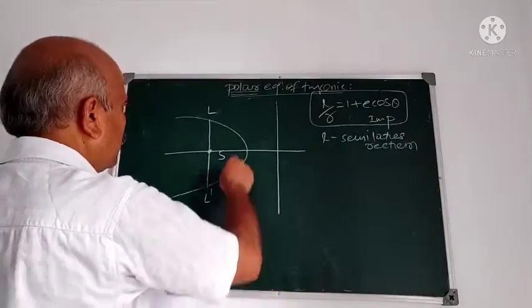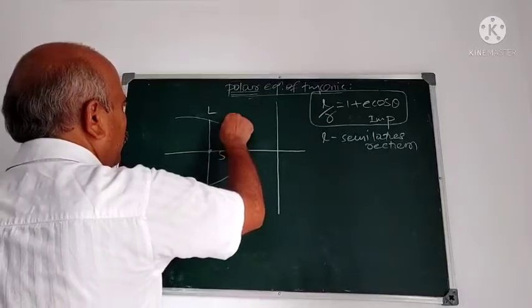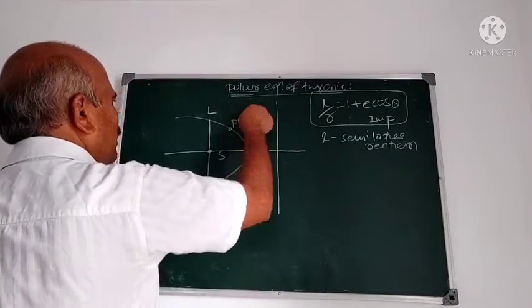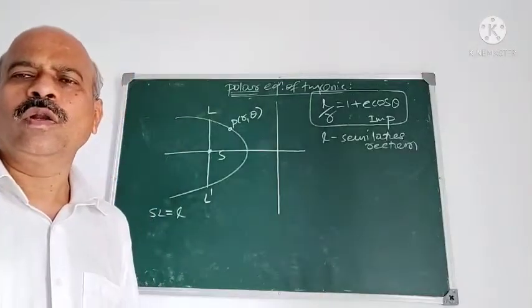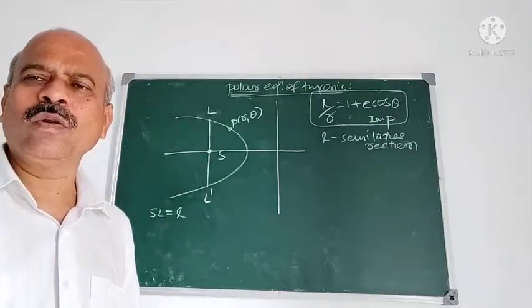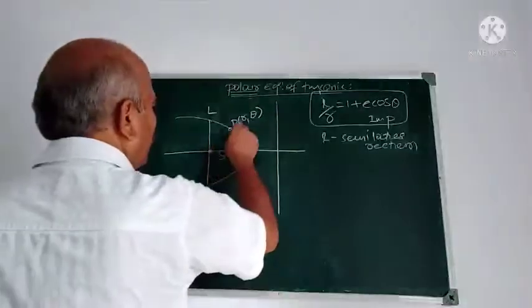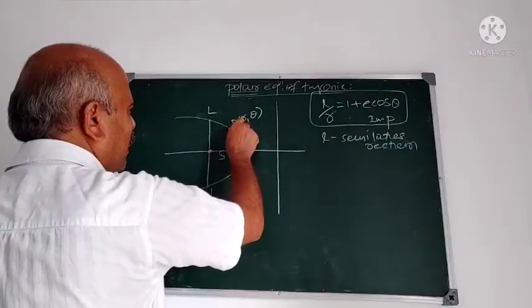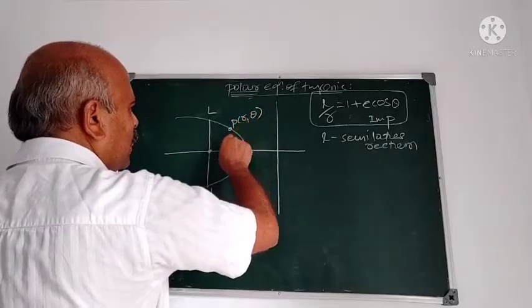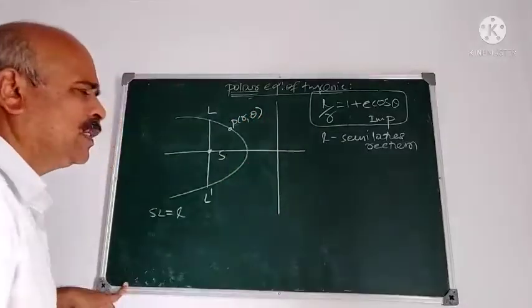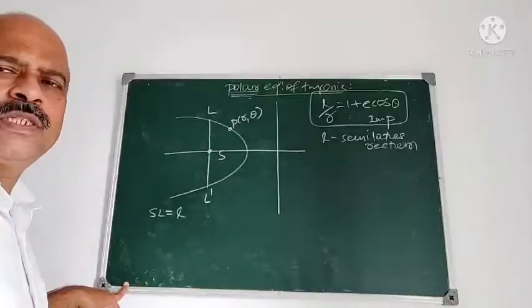And I take P(R, theta) to be any point on the conic section, not cone, conic section. Then I take the arbitrary point P(R, theta) and obtain the relation between R and theta using that SP by PM is E. That is the definition of a conic section.